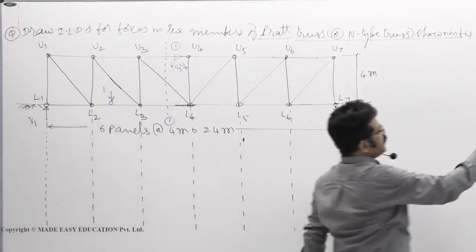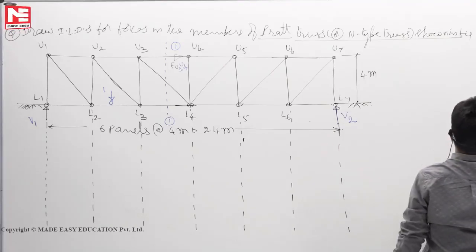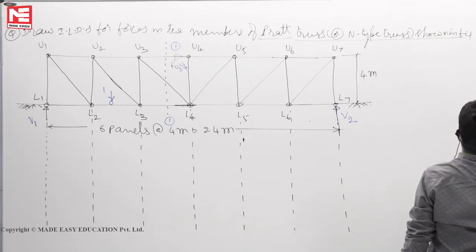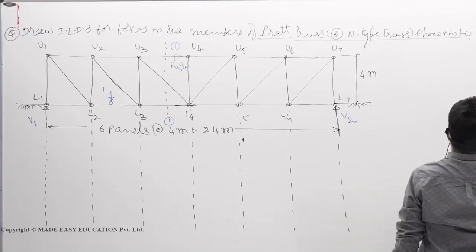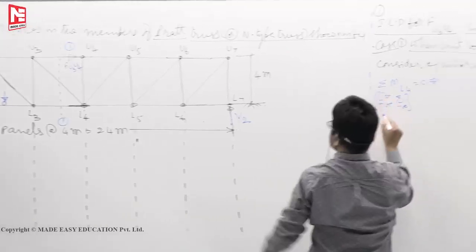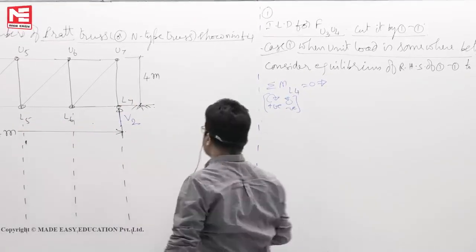So we will write here, take moments of all force about L4. Clockwise positive, anti-clockwise negative. So minus V2 into, see here, 4 plus 4, 8 plus 4, 12.